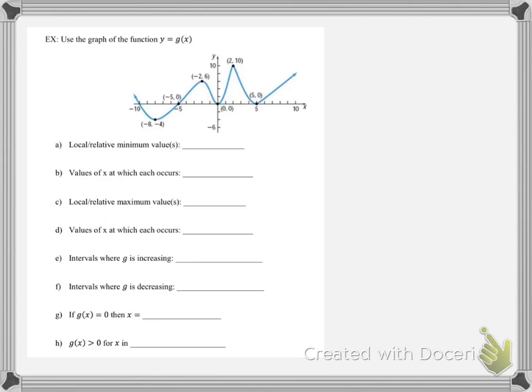So the point is (-8, -4). Good. So we have one point right here. What is the value of the function there? Yeah, it's -4, right? Because the value of the function is always the y value.